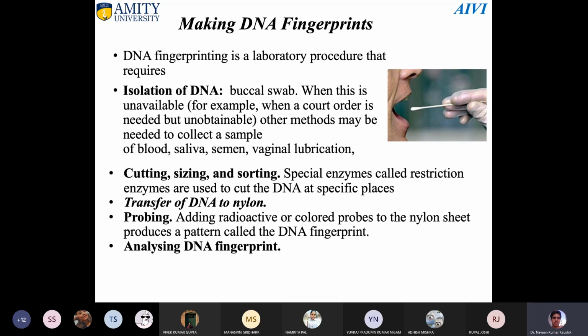She presented her clothes. On her clothes, semen spots were there. The semen spots present on the clothes were taken, and DNA was extracted from the inner garments of Monica Lewinsky, and from that DNA sample, a DNA fingerprint profile was generated.